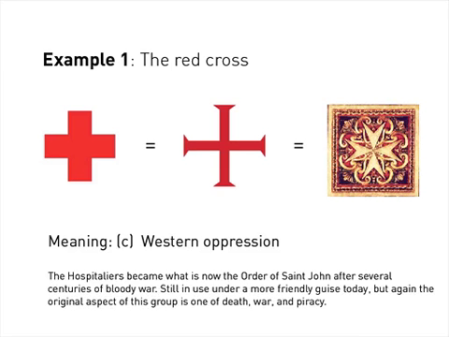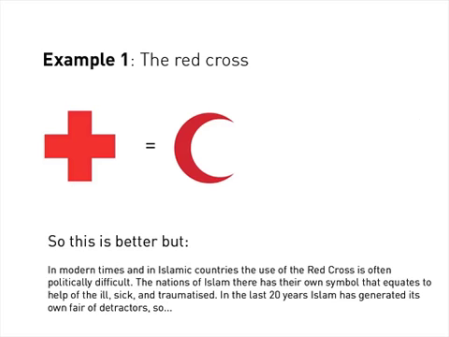So, if we need to mean this outside of Western societies, it comes to occupy another form. The Red Cross in the Middle East is also known as the Red Crescent. Because of its history, because of these 1,000 years of problems, the sign of the cross is politically difficult.